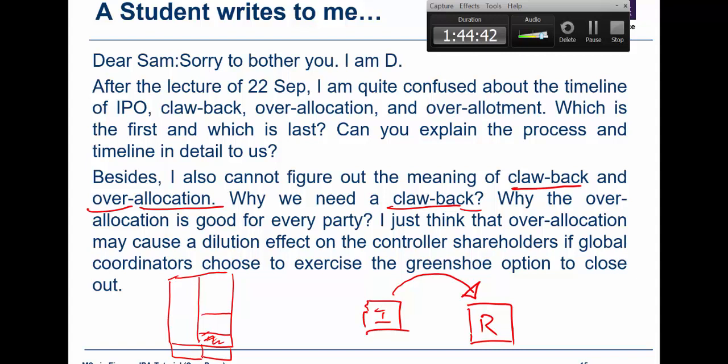By construction, you must be. Otherwise, don't sell. Okay? So if you do an IPO, you are diluting your ownership anyway.